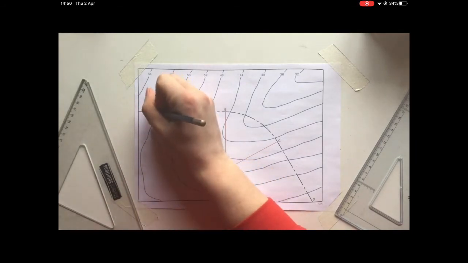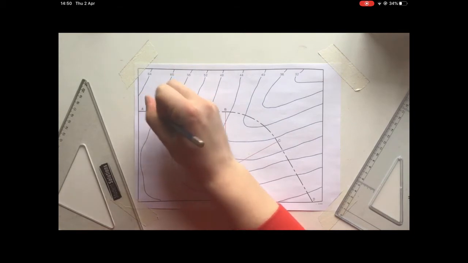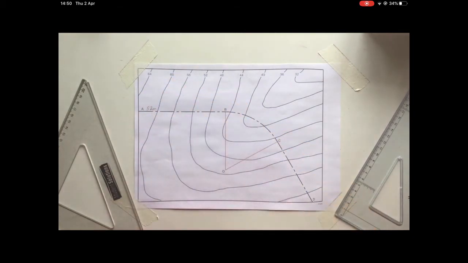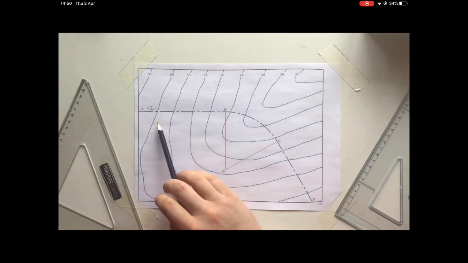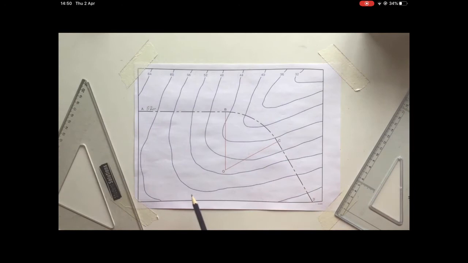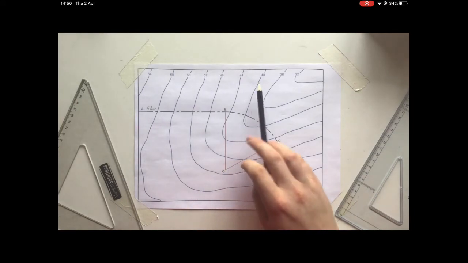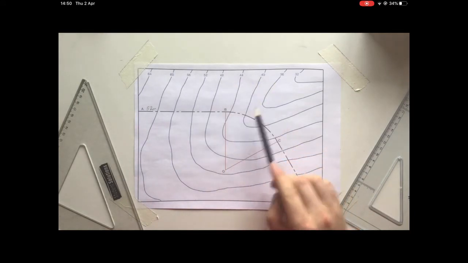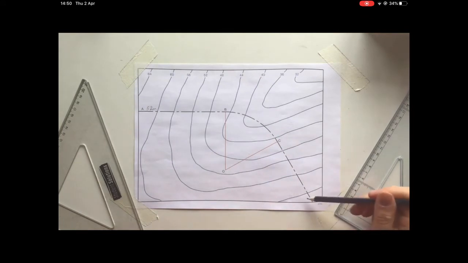We'll just mark that in there, 52 meters along the dotted line. We expect to see a cut along here, maybe a fill in around here to bring up the 40s into the 52 range. And then as we can see the contours going around, maybe a fill around here again.